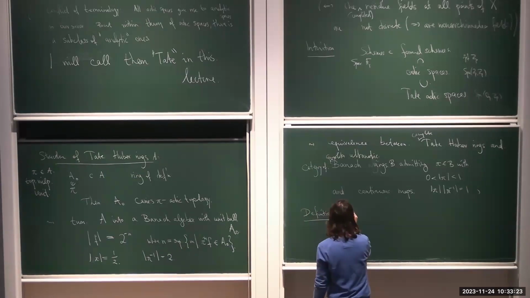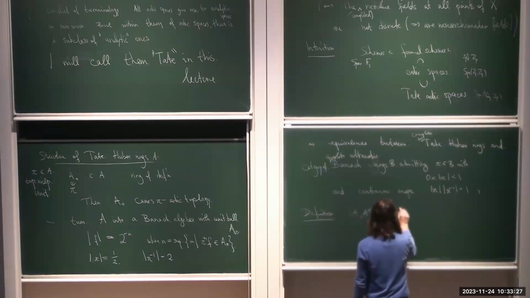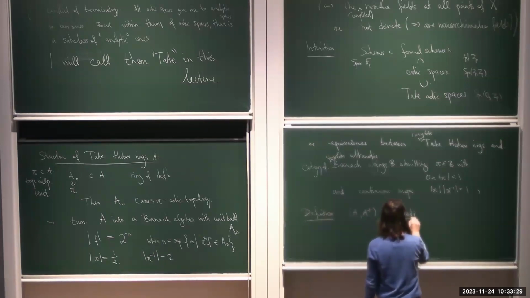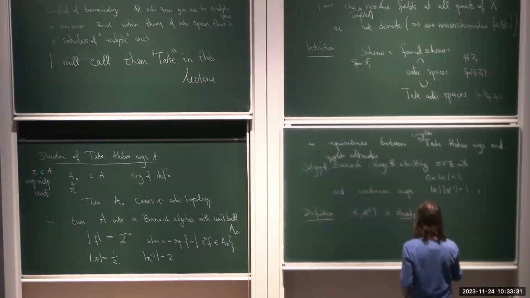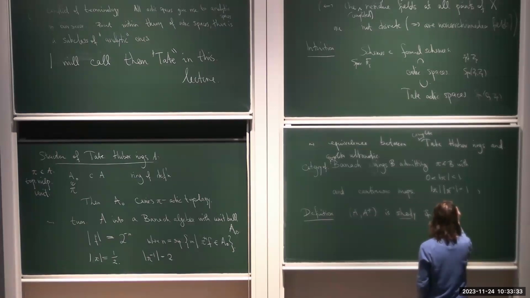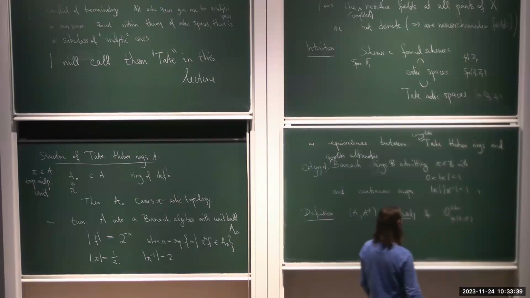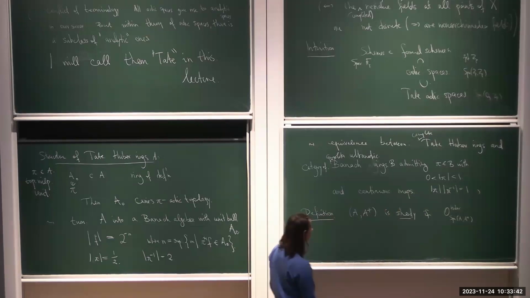So let's just say that the pair A, A plus is sheafy if what Huber defines, a pre-sheaf of Huber rings, is a sheaf.